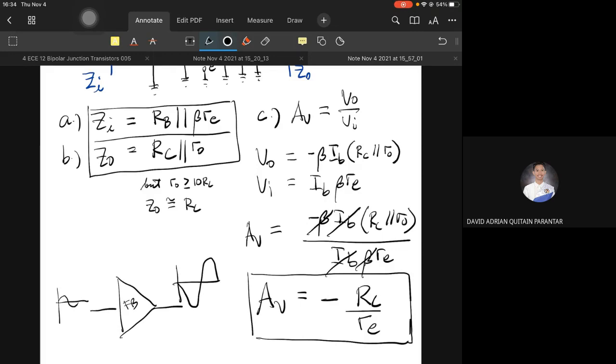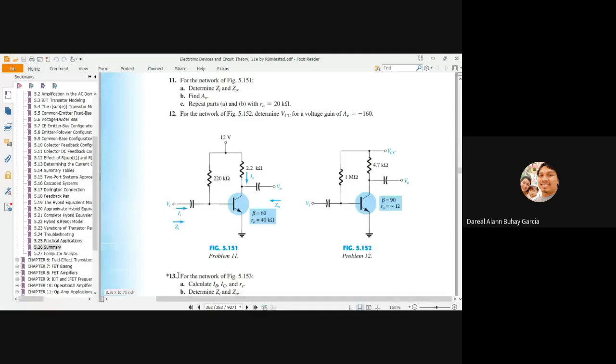At least ma-illustrate sa itong na-learn this afternoon. Problem number 11. We'll solve that.